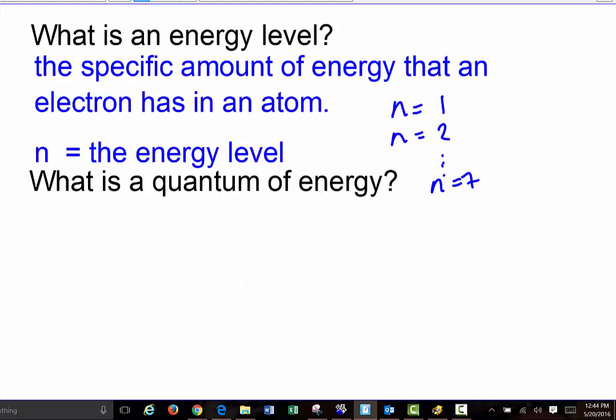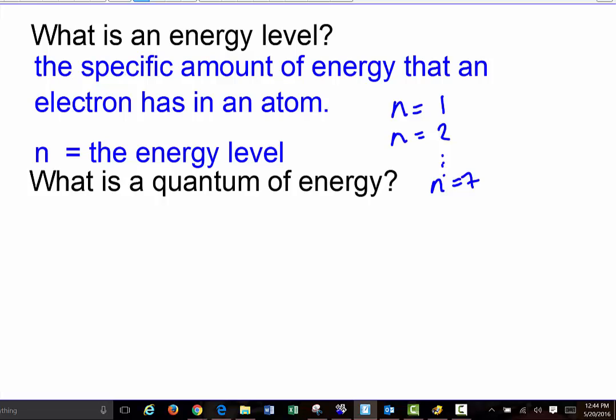What is a quantum of energy? This is another term that we see in the textbook, and we use it a little bit in this course. Quantum mechanics is a big area of chemistry that is definitely beyond the scope of Chem 11, but if you carry on and do a degree in chemistry or in science, you might actually take a course about quantum energy and quantum mechanics.